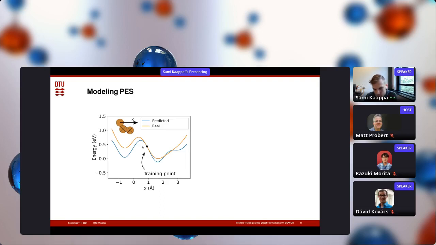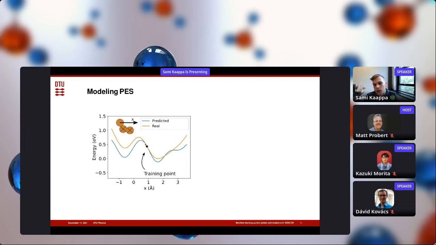And if we take a training point here, we evaluate this point and make a Gaussian process with the fingerprint and with the forces, we get the blue line, the predicted potential energy surface, with just this single training point.